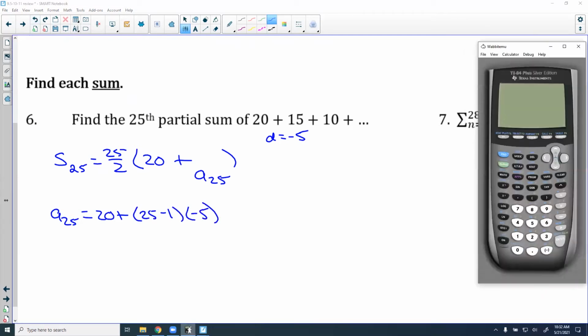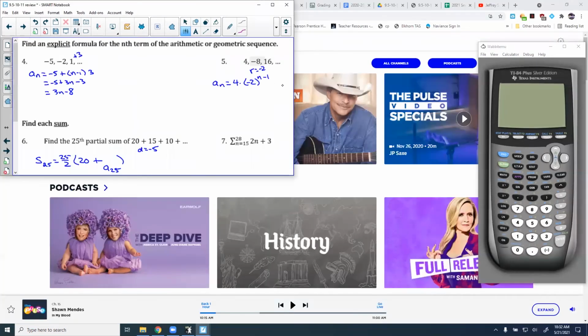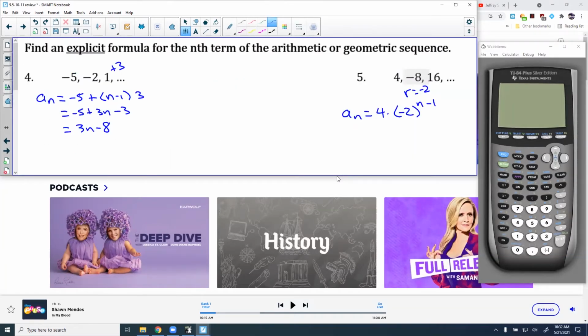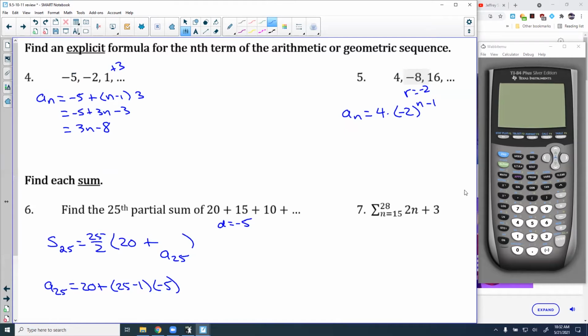So grab a calculator. Let me set this up so I can use the calculator. There we go. Let's slide this over. Slide that down, and away we go. 20 plus 24 times -5.